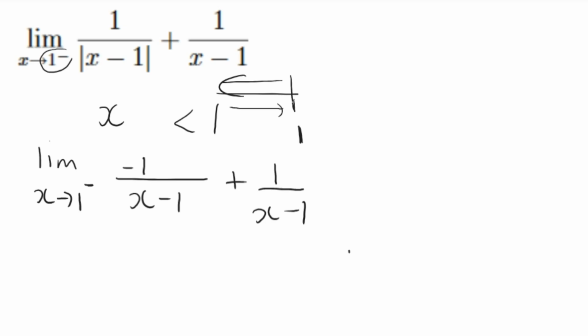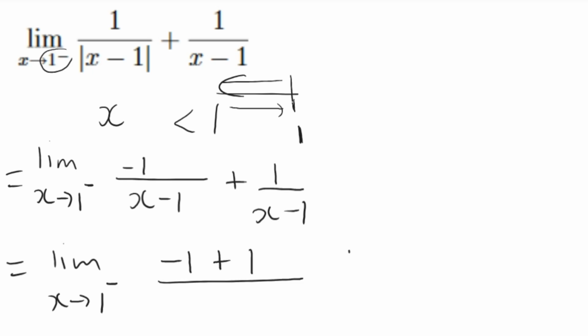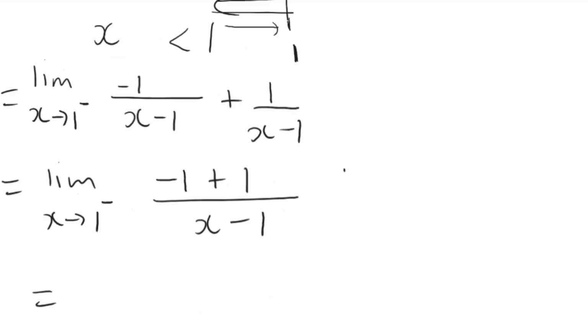Now, this will become what? Equals the limit as x goes to 1 from the left of this value that is just minus 1 plus 1 over x minus 1. And here we have minus 1 plus 1, and then they are over the same denominator.